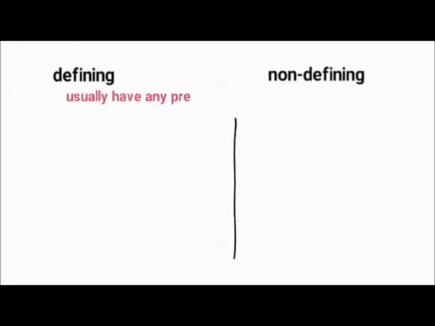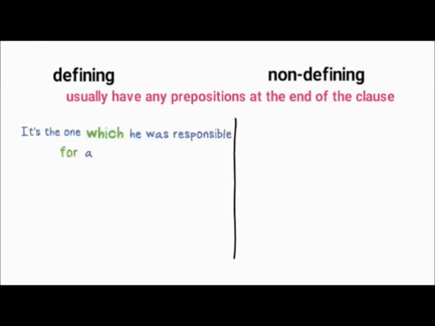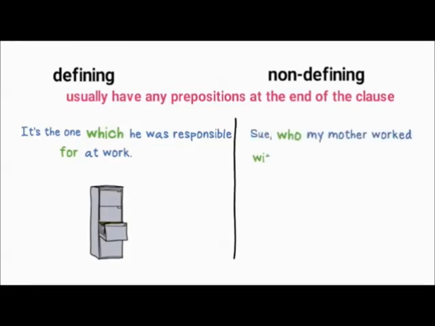In both defining and non-defining relative clauses, you usually have the preposition at the end of the clause. So it's the one which he is responsible for at work, in a defining clause, and Sue, who my mother worked with, has become a teacher.